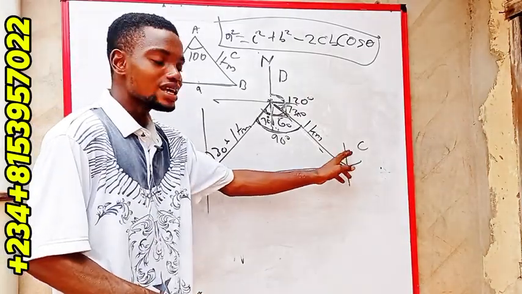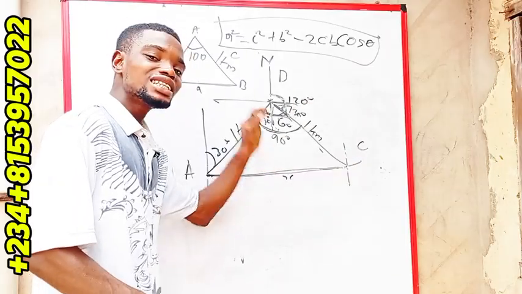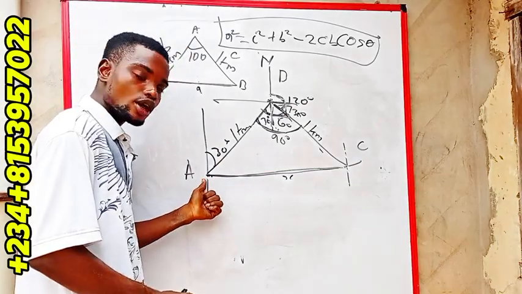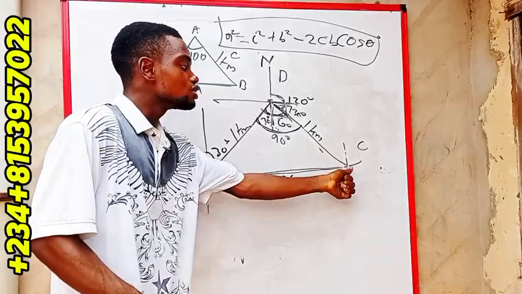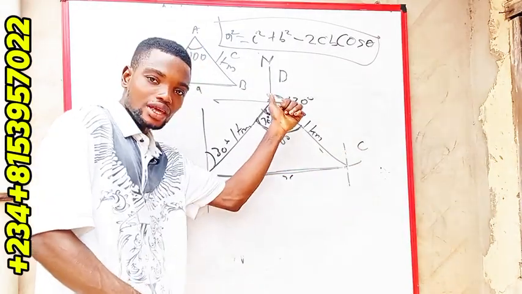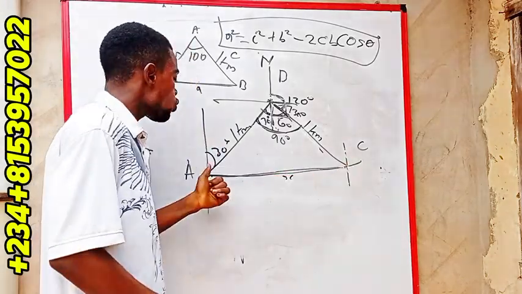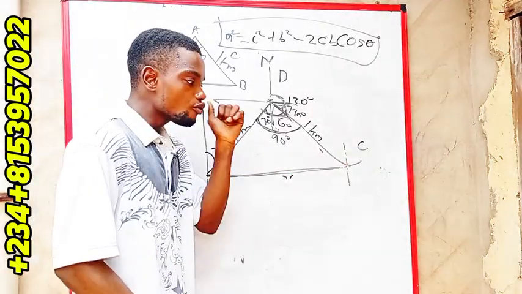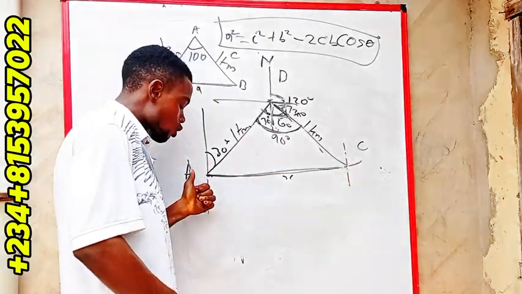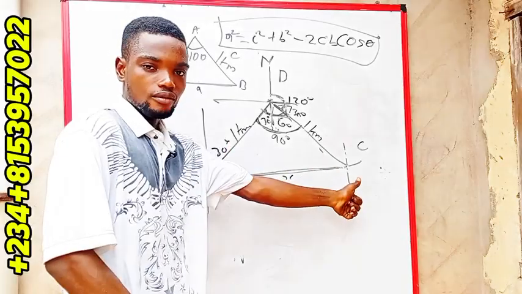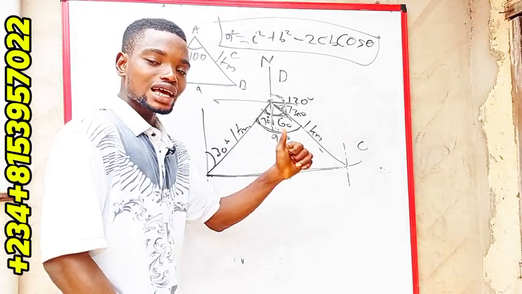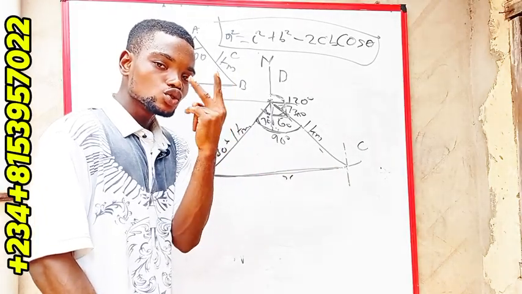So the person is at C, the last destination. What if the person now wants to go straight from his house to his friend's house? What will be the bearing? Find the bearing of C from A. The person now moves from here to here.